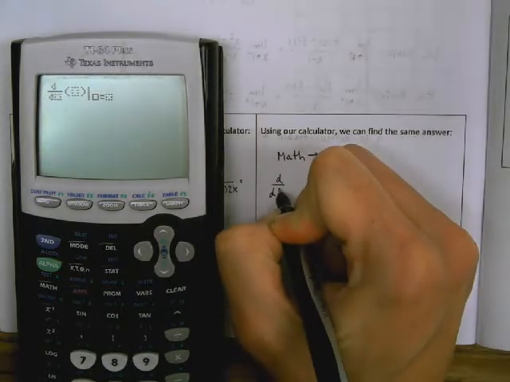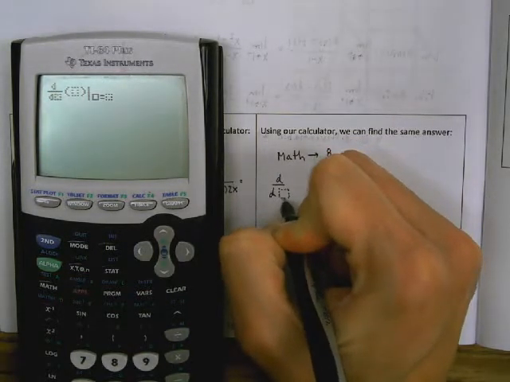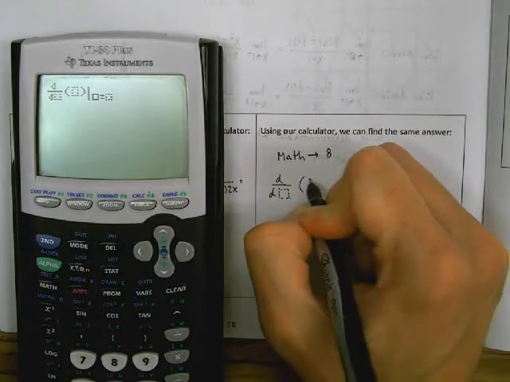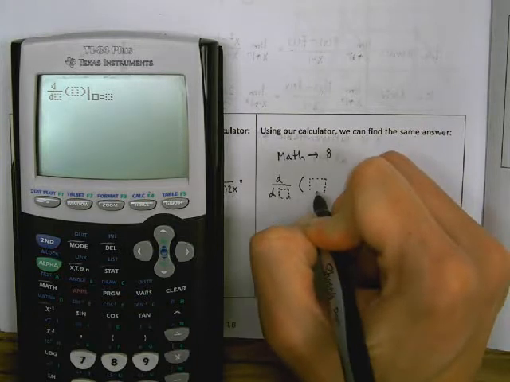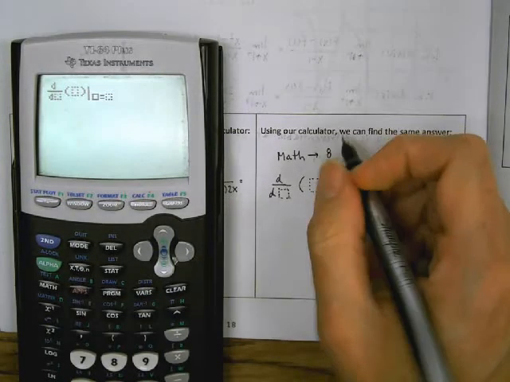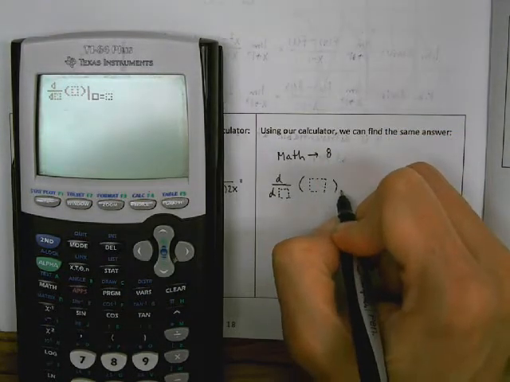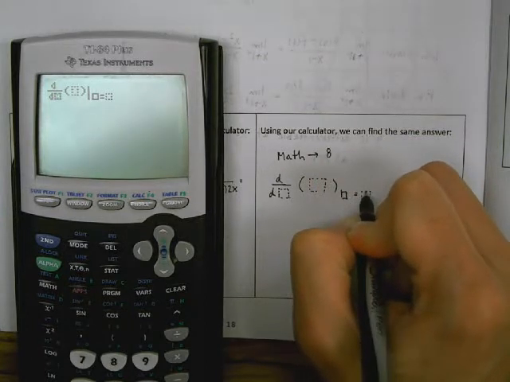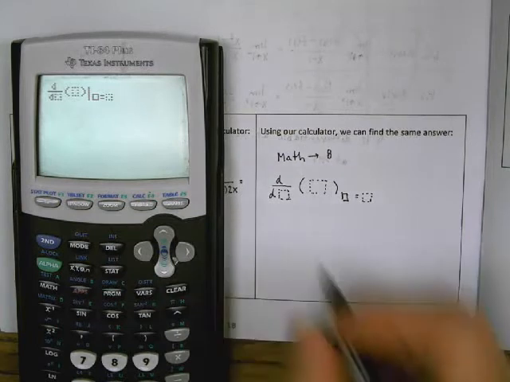I get D, and then there's a box here. And then I have parentheses and another box. And then I have blank equals and a box. So here's what your calculator is looking for.